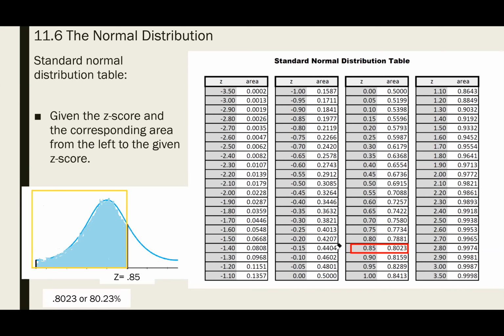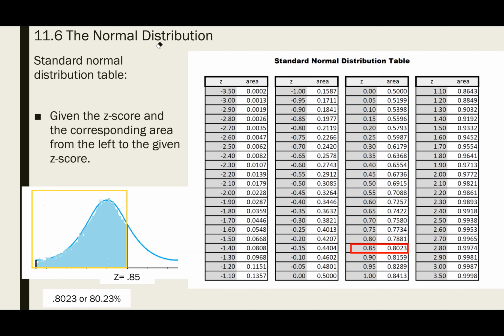So again, this is my z-score, 0.85. The area will be 0.8023. Or if they ask you to find the percentage, it will be 80.23%. We just move the decimal 2 places.